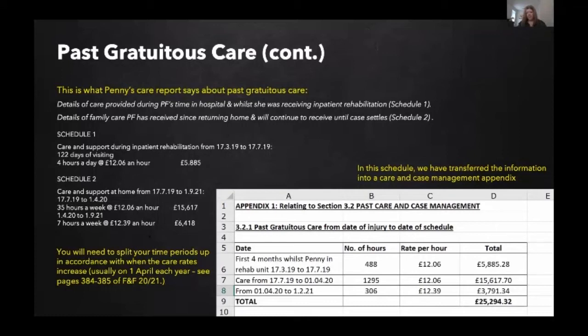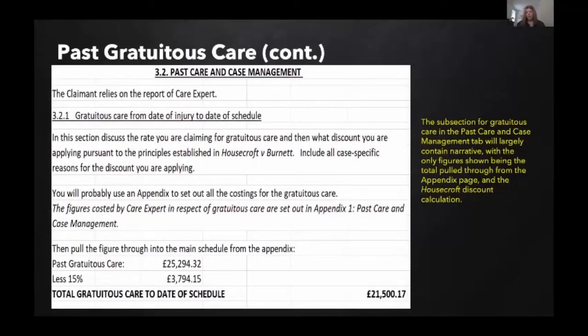So on the next slide, you will see that we're back to the main body of the schedule. And you'll see that the claim for past gratuitous care will comprise mainly narrative. You can read this slide at your leisure to see how you may choose to word this section.